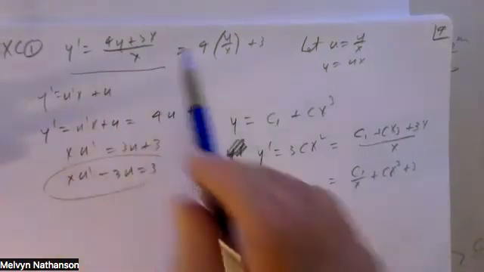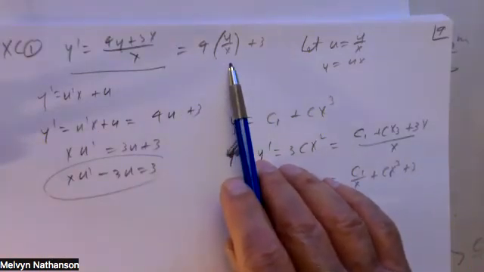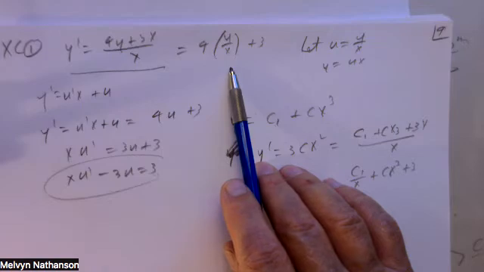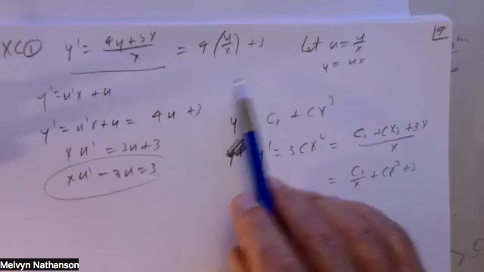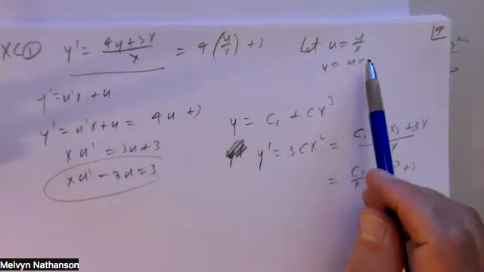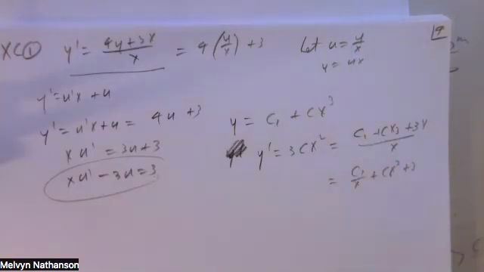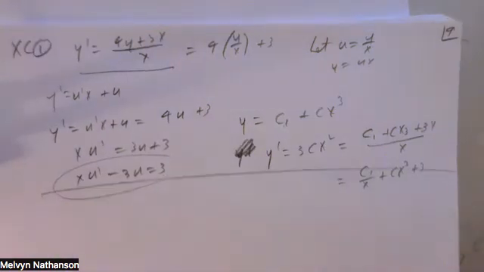If you use the fact that this is homogeneous in the sense that the right-hand side is a function of y over x, the general method is always to substitute y equals u times x, u equals y over x, and then you get an equation in u, which you then have to solve. So let me just solve it and forget the fact that we already did this problem a moment ago.